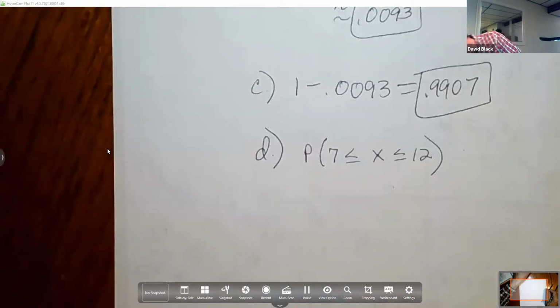In other words, the number could be anywhere from 7 to 12, which would mean I could take probability of 7 plus probability of 8 plus probability of 9 plus probability of 10 plus probability of 11 plus probability of 12. If I do that, that's 6 different problems. Okay, so let's do it that way first.